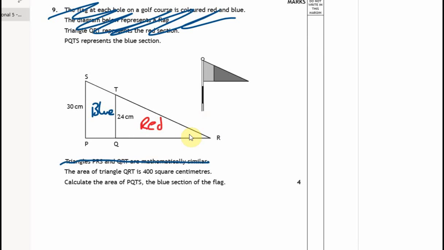The area of QRT is 400, so the red is 400 units squared. Calculate the area of PQTS, the blue section.